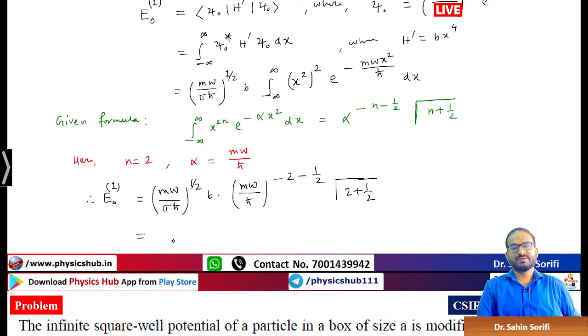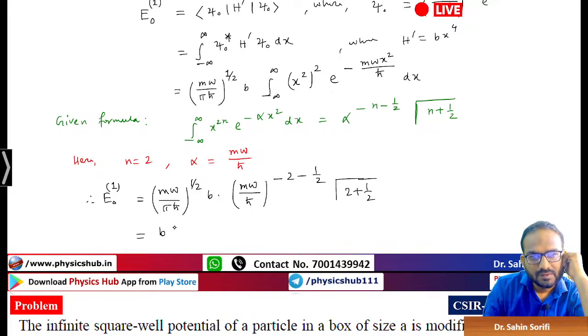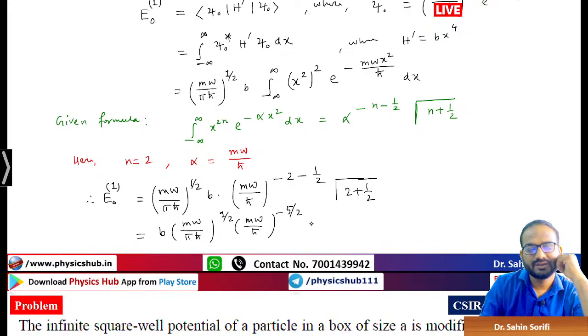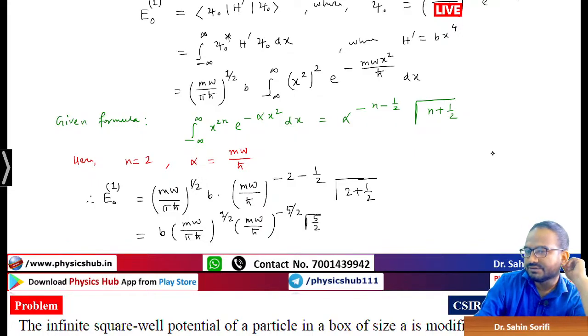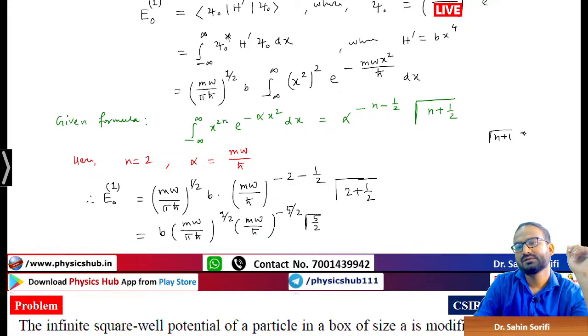So this will be b times (m omega by pi h cut) to the power half times (m omega by h cut) to the power minus 5 by 2, and this is gamma 5 by 2. You can use the form gamma n plus 1 equals n gamma n.